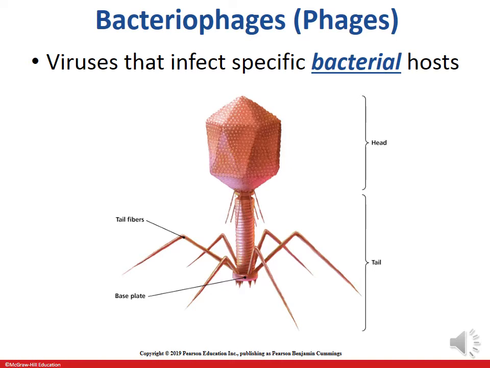So when they land on a host cell, those tail fibers have to have affinity. Now at the base of that tail, you can also see what's called the base plate.